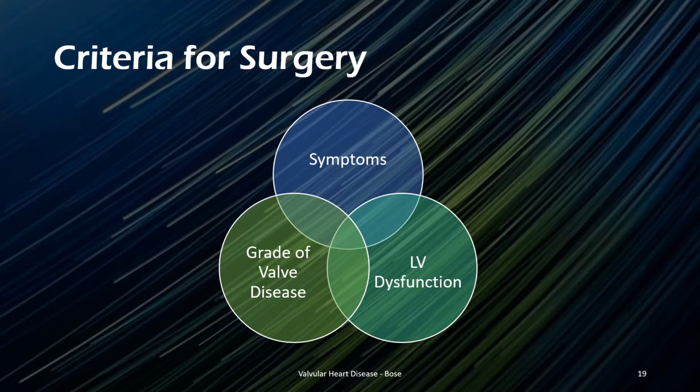This leads on to the onset of symptoms as discussed in the next slide. Additionally, the left ventricle begins to fail. The degree of structural valvular disease determines both the symptoms and the degree of heart failure. Together, these are the criteria for considering surgical intervention.